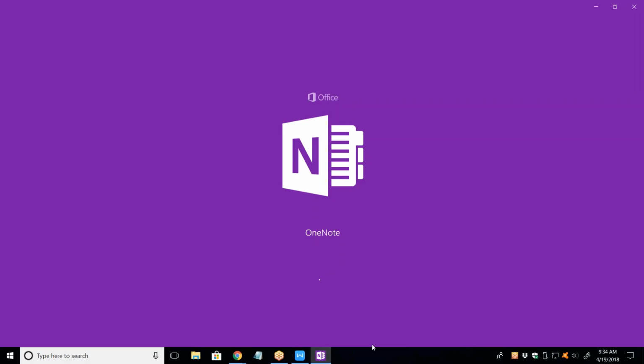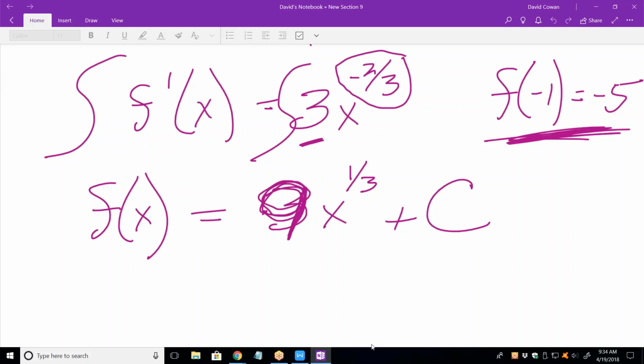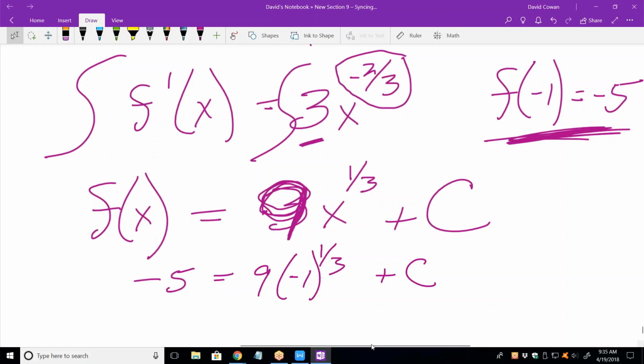But you can see that we have an equation that only has one unknown. In other words, I've got -5 equals 9 times -1 to the 1/3 plus c. What's -1 to the 1/3? It's the cube root of -1. Cube roots of negative numbers are always negative.